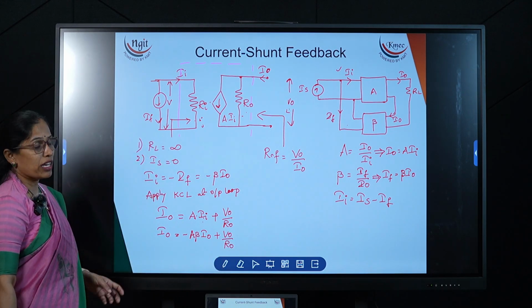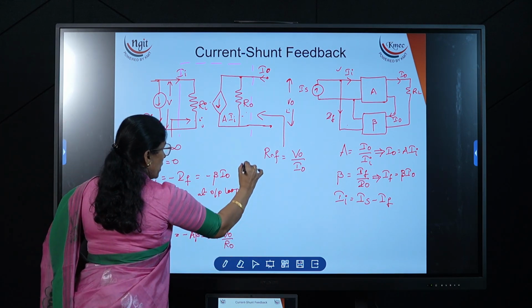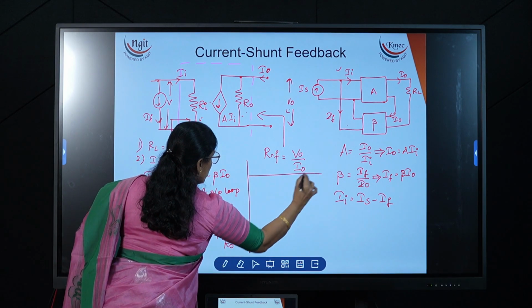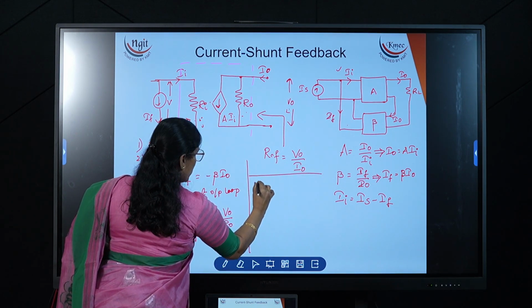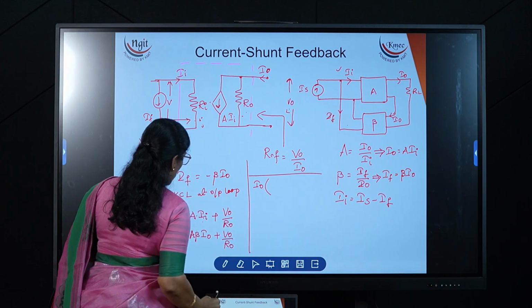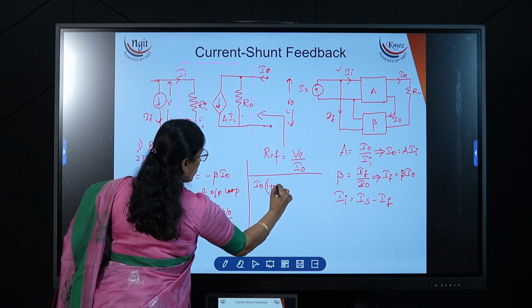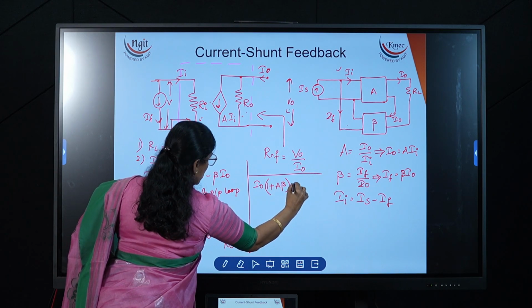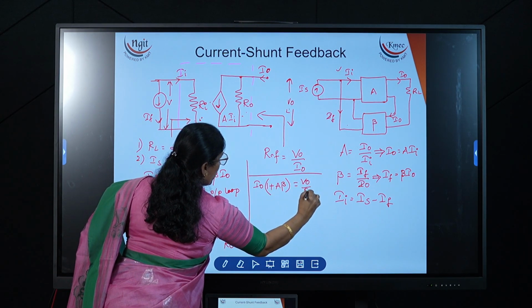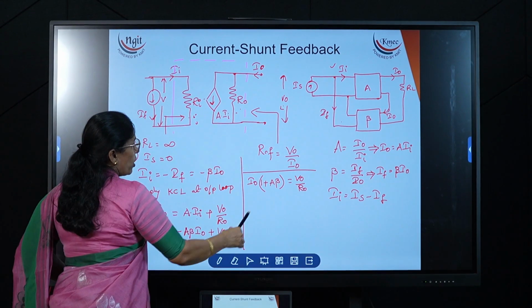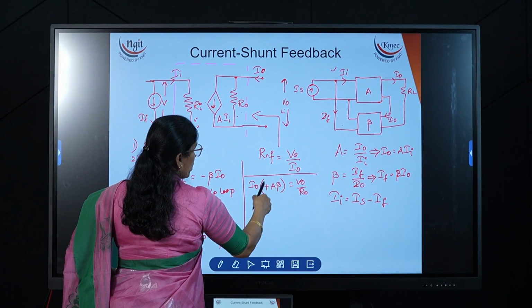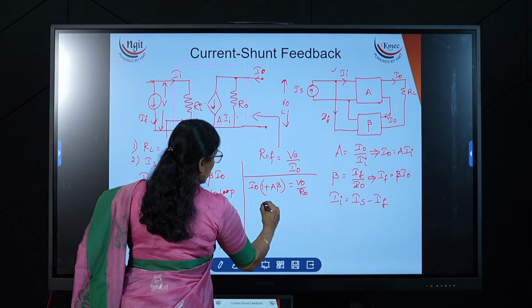Now write all the I0 terms together, taking I0 common, and I will get I0 into 1 plus A beta is equal to V0 by R0. What we want is V0 by I0, so bring I0 to this side and R0 to the other side.